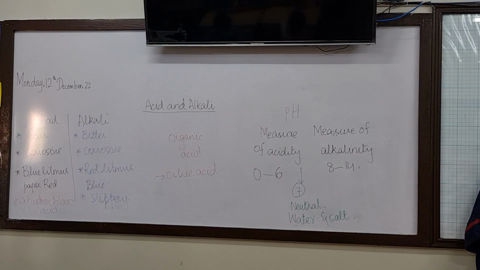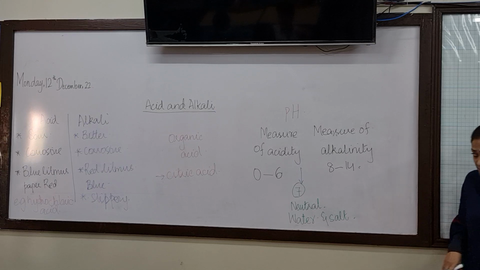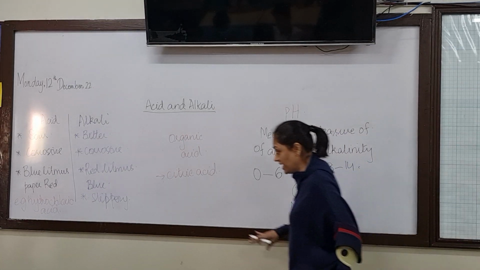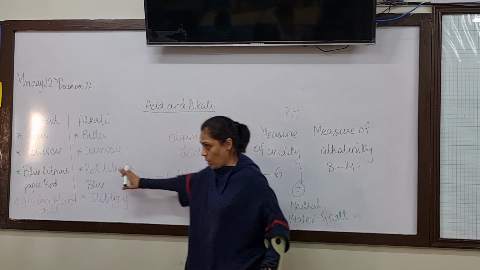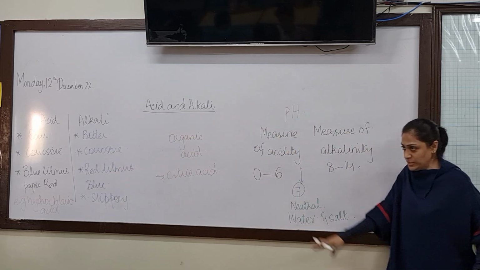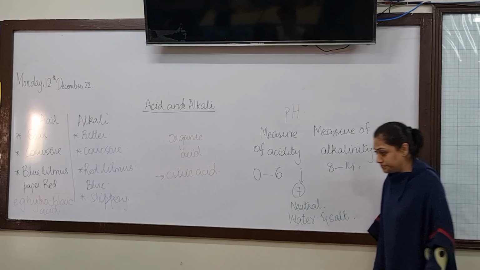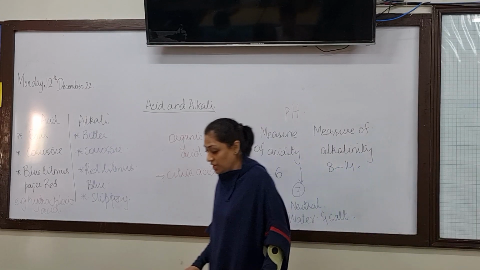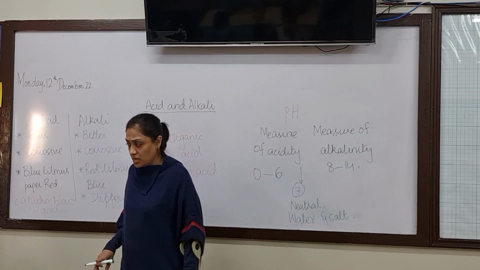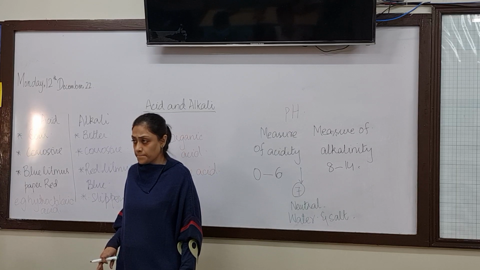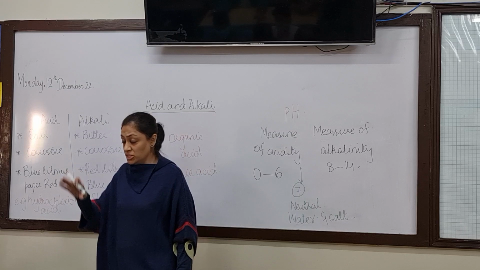Is that clear? Yes. So can someone tell me, do you think that your litmus paper also provides you with the pH of something? Do you think? Yes. Musa, yes. Yes, teacher, it does. If the liquid is neutral, the color will not change. Okay, so neutral.